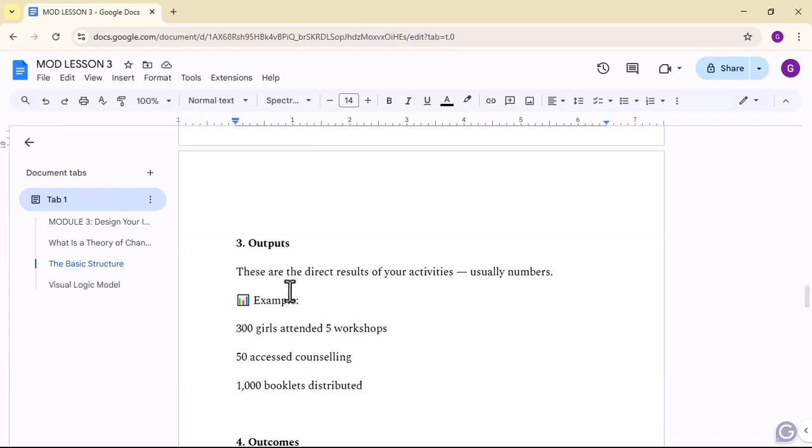Now, the third is the output. These are the direct results of your activities.